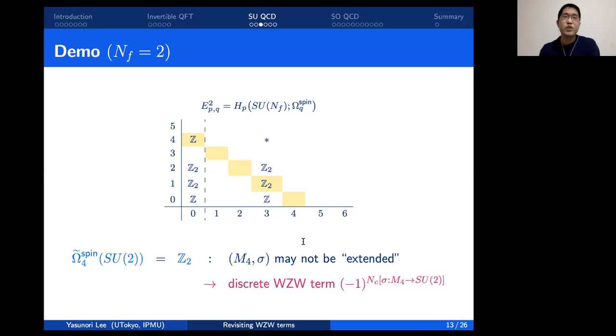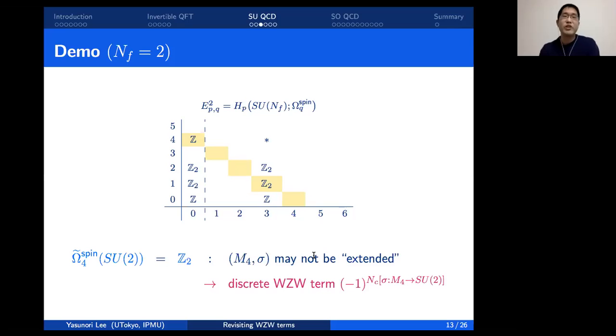Then the natural definition of the desired Wess-Zumino-Witten term for the original M4 would be this fixed boundary value on the representative 4-manifold times the ordinary Wess-Zumino-Witten term on W5, connecting M4 and this representative 4-manifold. And when N_F equals 2, there was no ordinary Wess-Zumino-Witten term, so the value of the Wess-Zumino-Witten term for the original M4 is equal to that for the representative 4-manifold.